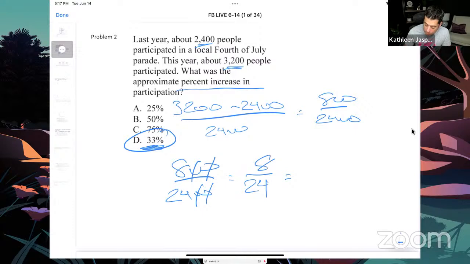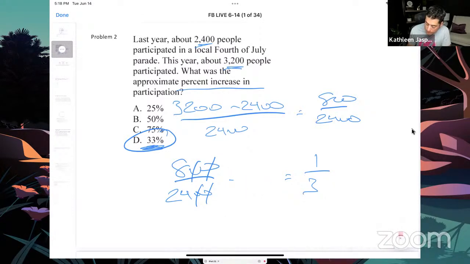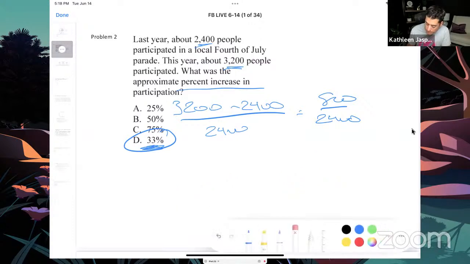So you would be left with 1 over 3, and 1 over 3 would be a fraction. If you don't have a calculator, then you need to memorize some fractions. If you don't know what 1/3 is as 0.33, then I suggest you memorize those, like 1/4 is 0.25 and so on. But in the event that you have another fraction, let me show you a quick way to solve fractions.